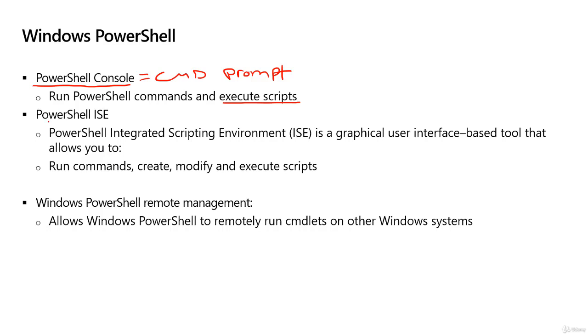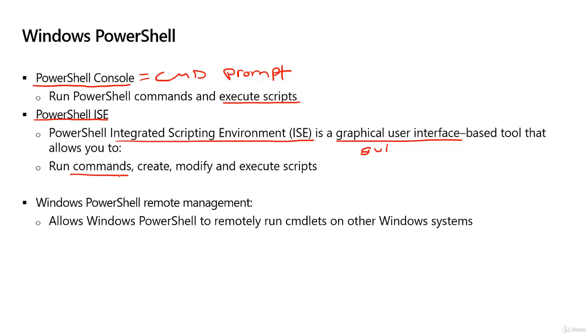The other tool is the PowerShell ISE, the Integrated Scripting Environment. Many places will list it as integrated scripting engine, but Microsoft says environment. This is actually a graphical user interface, so just a GUI tool. This allows you to do a lot of different things.